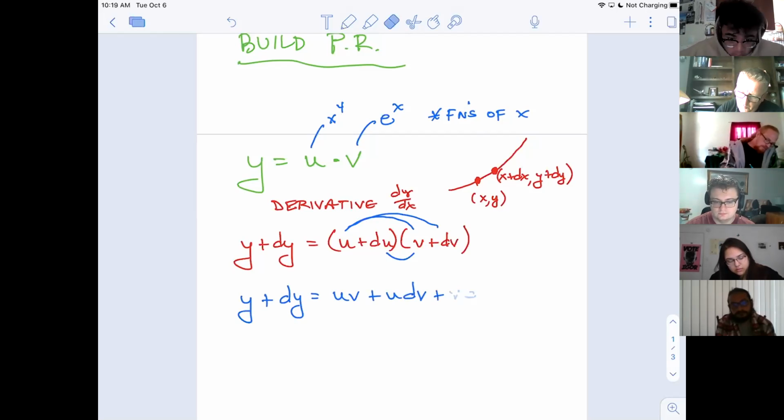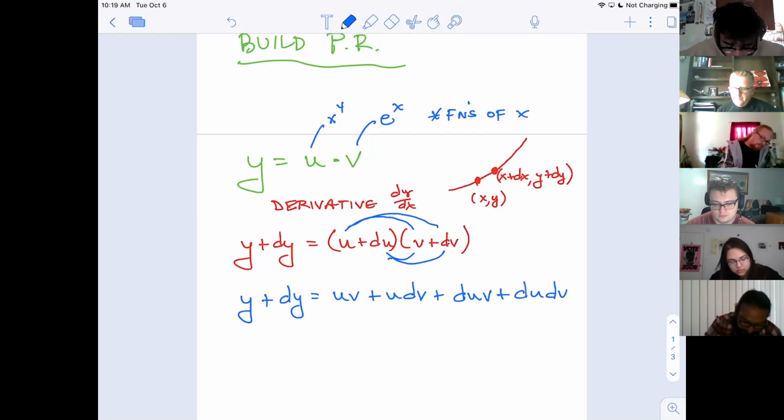I'm going to stick with the order I had it in. Du times v, and then finally du times dv. And of course, your first thought should be, where could this possibly be going? What good is this doing? This is just a giant disaster.